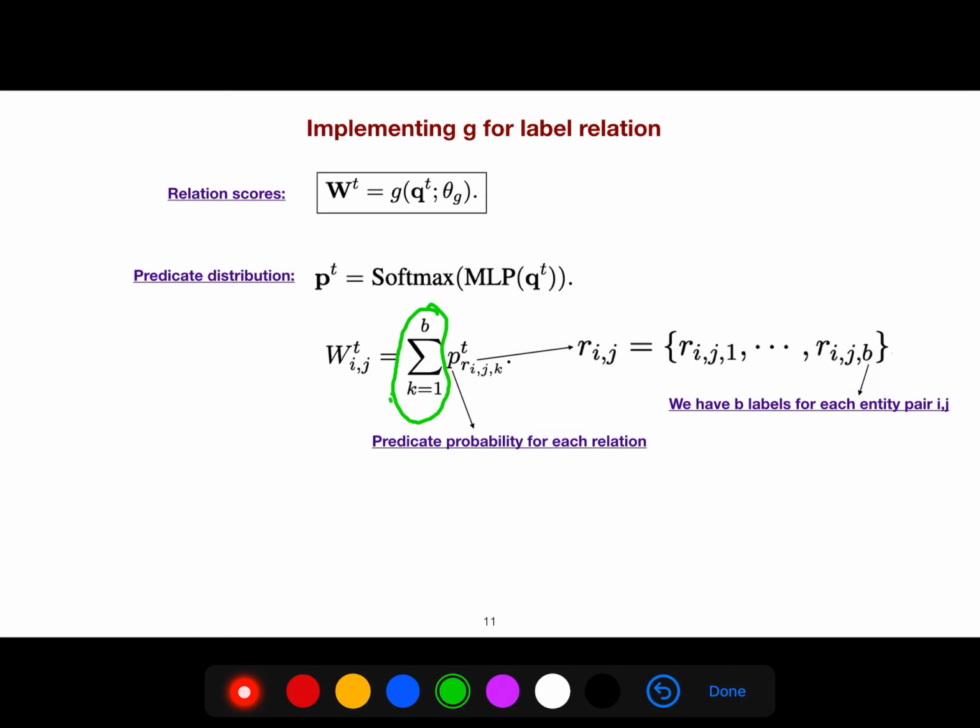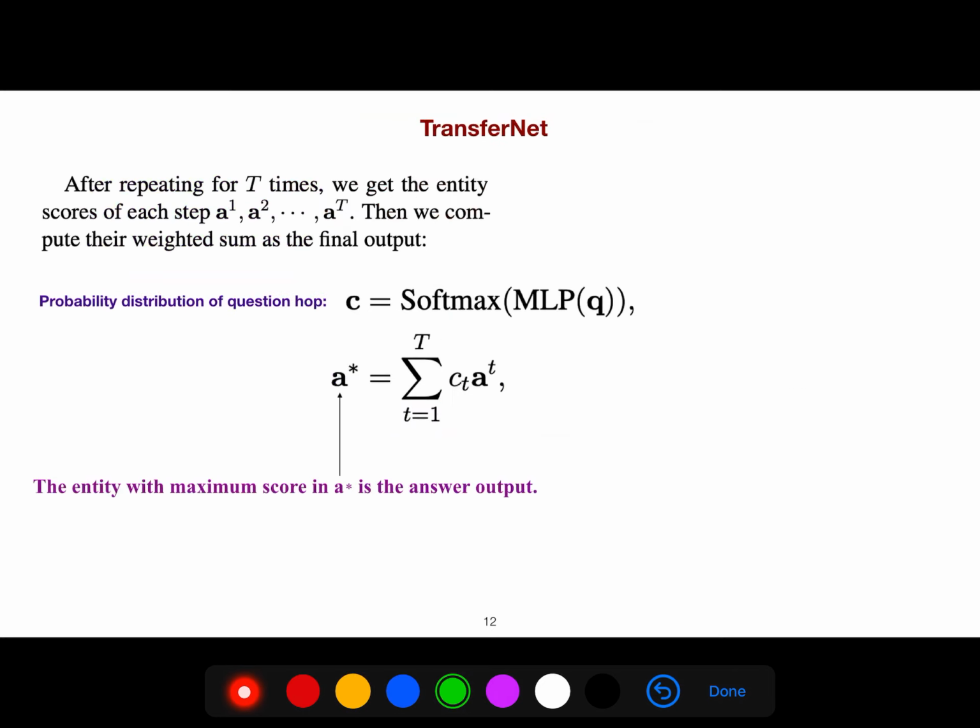So they use this for g, because it's just a summation of p. And so we have B labels for each entity pair, for going from i to j, because we need a pair in order to describe a relation. And this is the predicate probability for each relation. So we sum all of them.